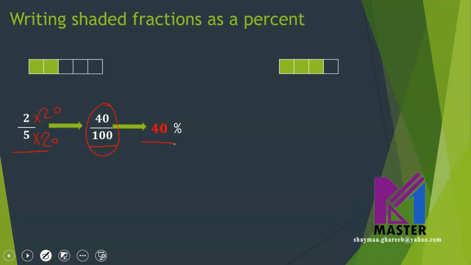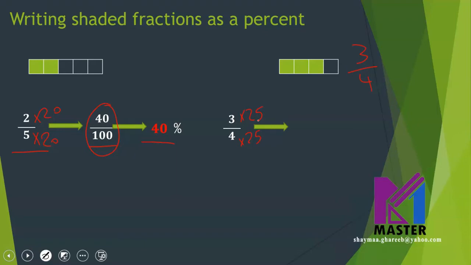This fraction is 3 parts out of 4 parts, which means 3/4. So how to change the 3/4? I can change the 4 to be 100 by multiplying by 25 up and down, or if I know the fractions from the previous videos, I can say that 3/4 is 75%.